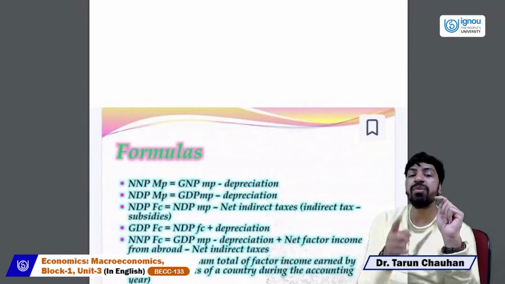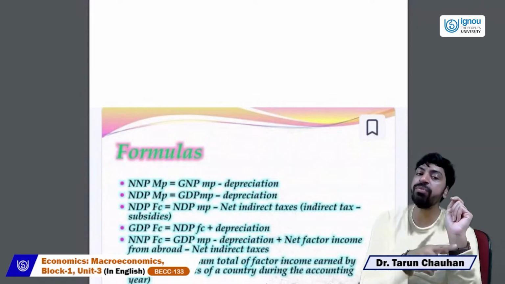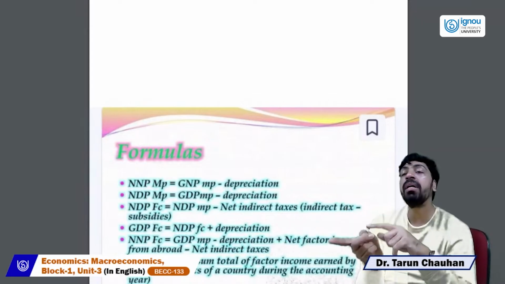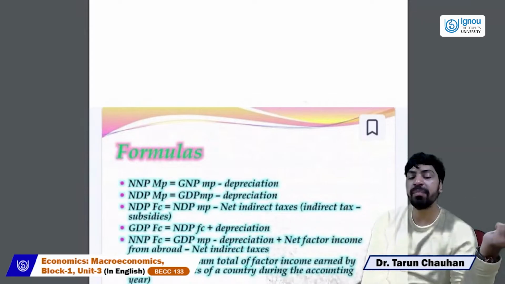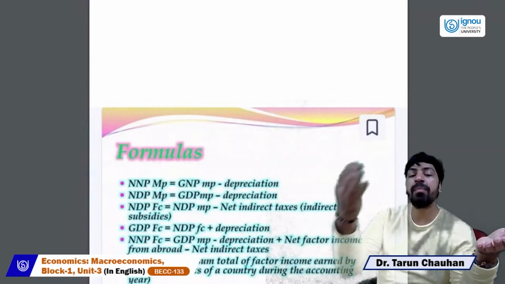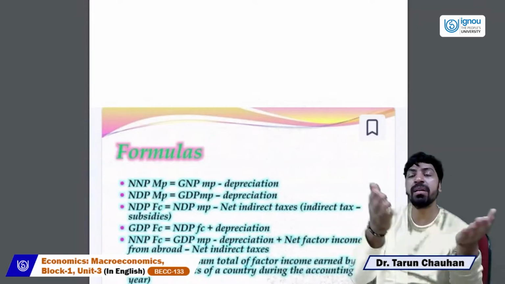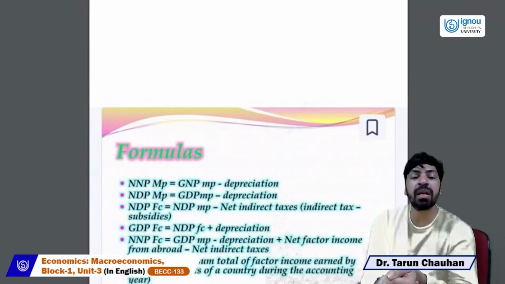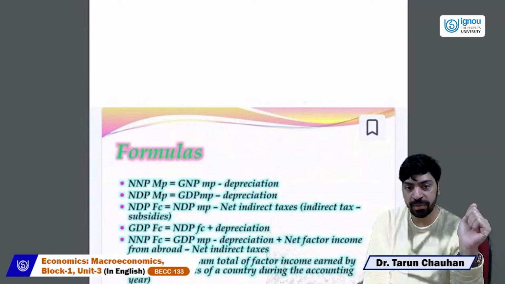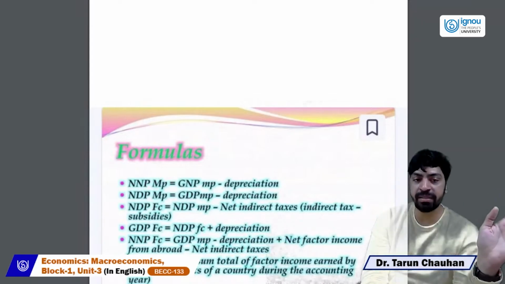As I told, gross to net is minus depreciation. Net includes factor incomes from abroad, but gross is always within the domestic territory of the country. So from net to gross, it will be plus depreciation. It's very simple to understand.